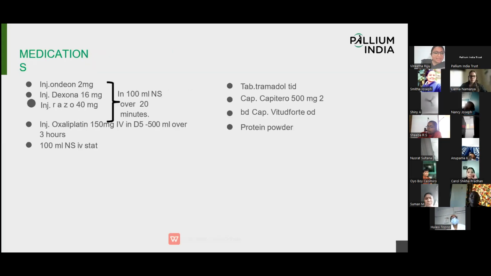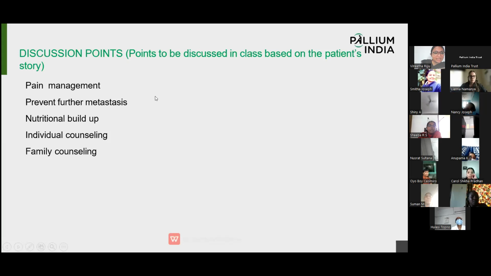Okay. Then the next discussion point, can I have a look at it? The last slide. Yeah. Preventing further metastasis. So I would like the team to tell me what they think about preventing further metastasis.